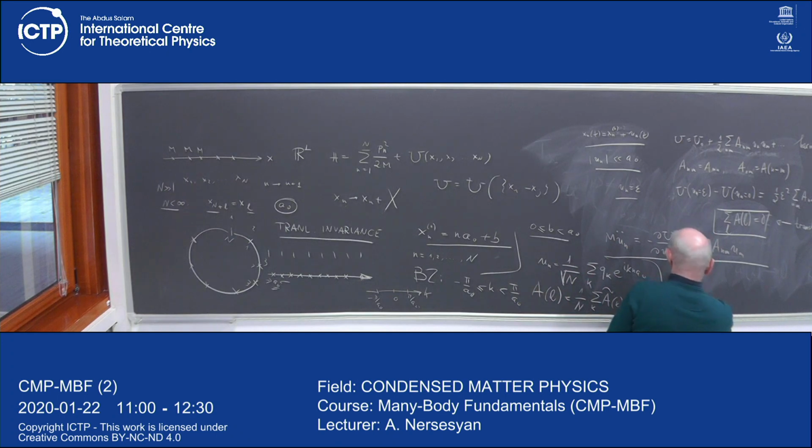Q_k double dot plus omega_k squared Q_k is equal to 0.